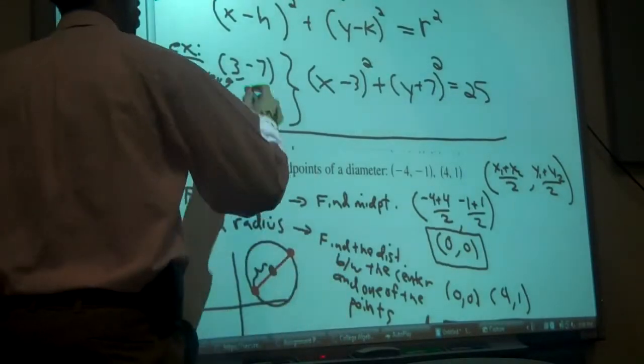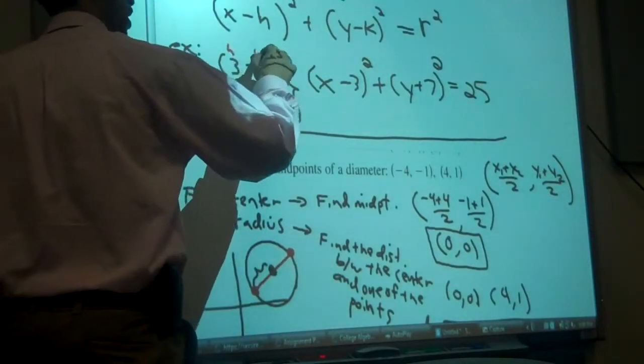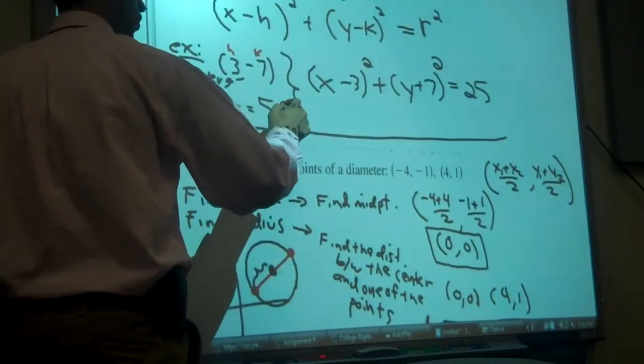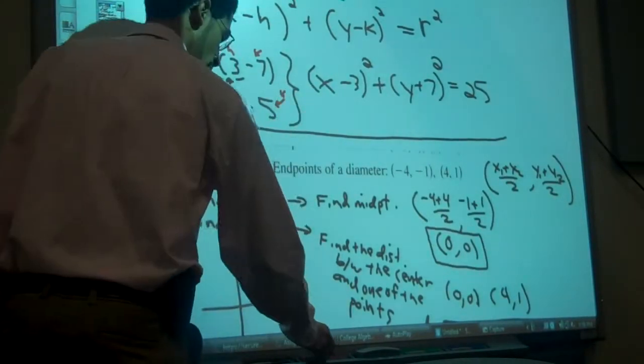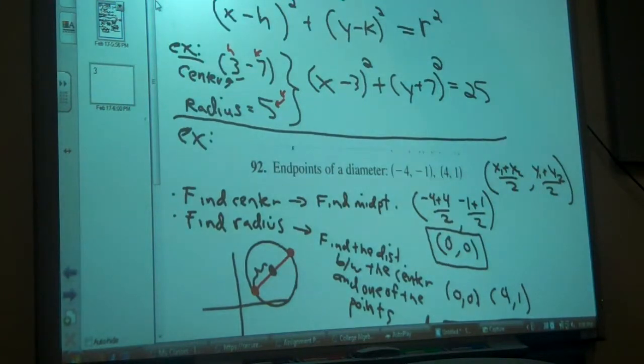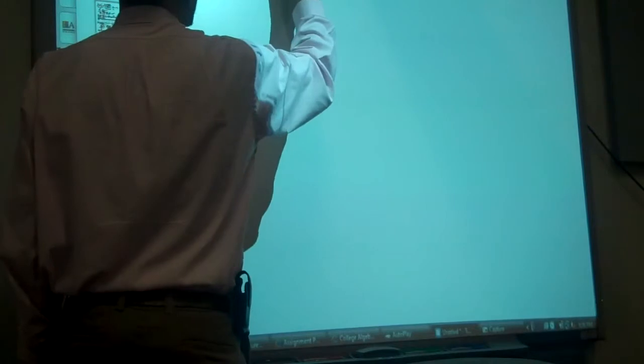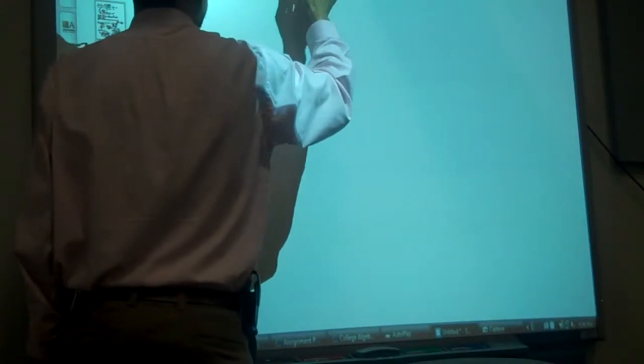Here, this was H, this was K, and this was R. Those are the three things you need. Okay? And if that wasn't complicated enough, there's one more thing we could do. We might have to complete the square to find this equation.